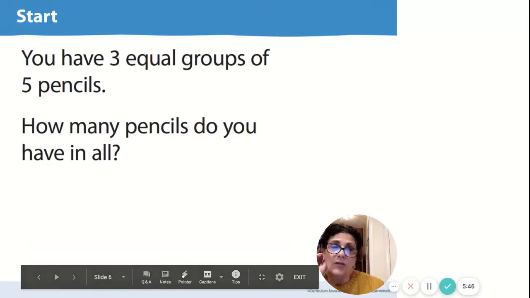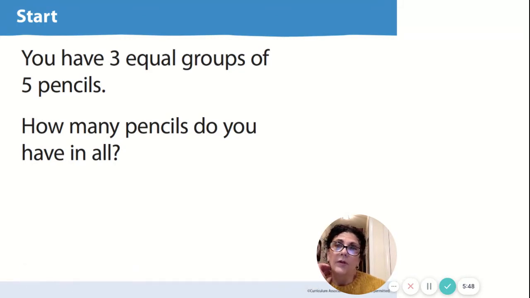Okay, so in your math notebook, not in your textbook, but in your regular math notebook, you can look at this problem. It's like a warm-up. You have 3 equal groups of 5 pencils, and they want to know how many pencils you have in all.